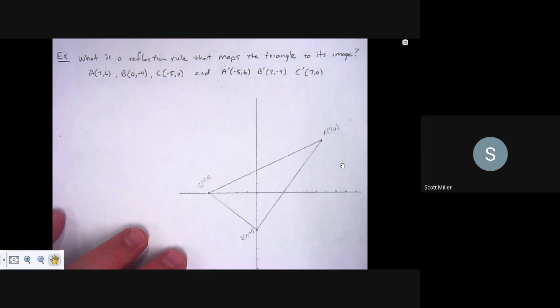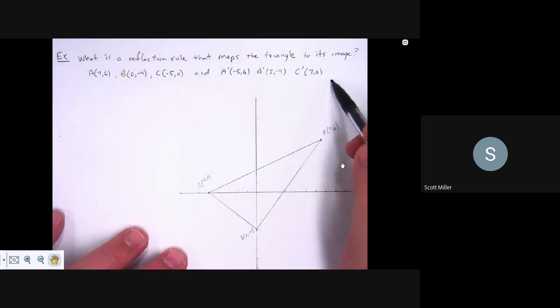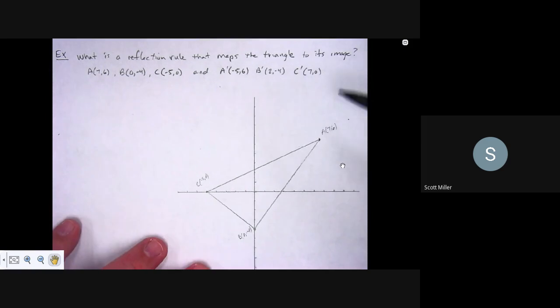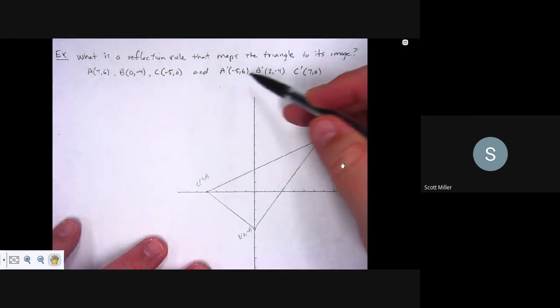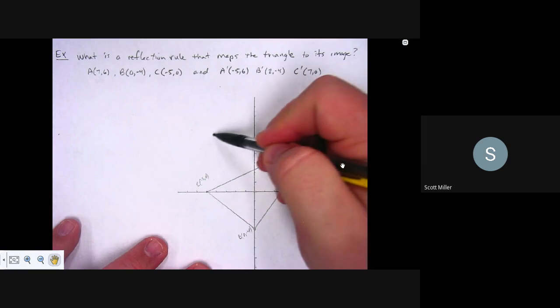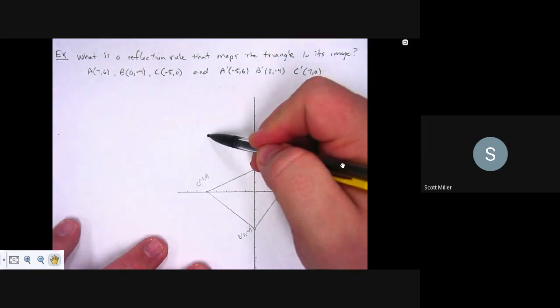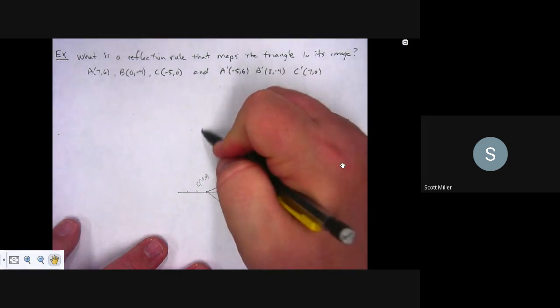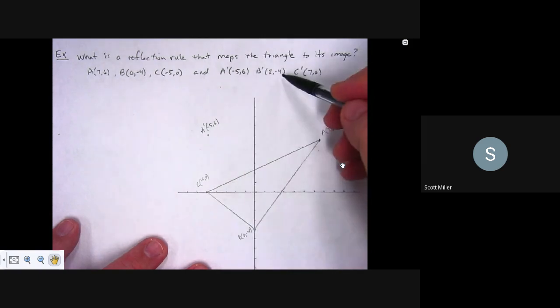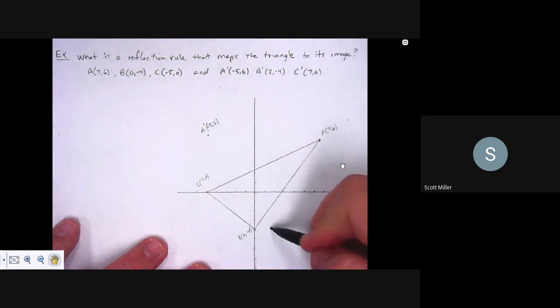All right. So then I'm going to graph these points on the same system so I can see what the reflection would look like. So -5, 6. And so I have to come up here to 6 and to go to -5. That's A prime. And then 2, -4. So that's B prime.